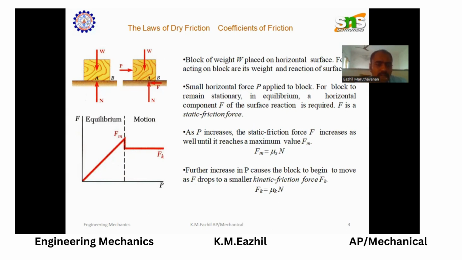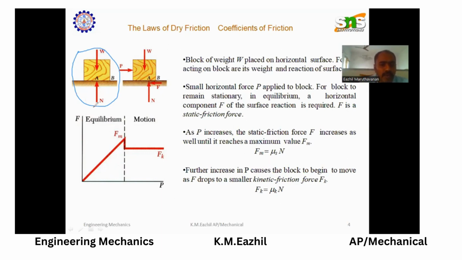In this image, we are able to see a block; there are two images here. The block rests on a flat surface, on a table. Considering the free body diagram of this block, the weight of the block acts perpendicular to the ground plane and the normal reaction acts perpendicular to the lying plane.